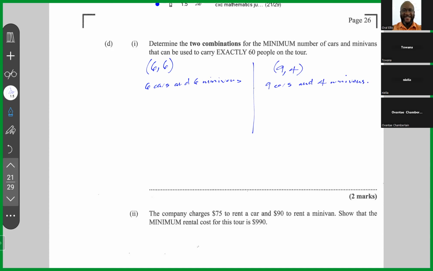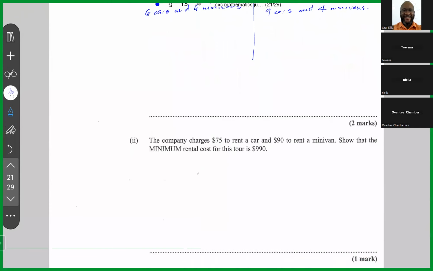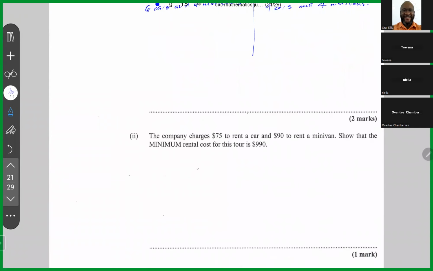Now the company charges $75 to rent a car and $90 to rent a minivan. Show that the minimum cost for this tour is $990. All right, let's show that now. Let us see how much money for this arrangement, 6 cars and 6 minivans.